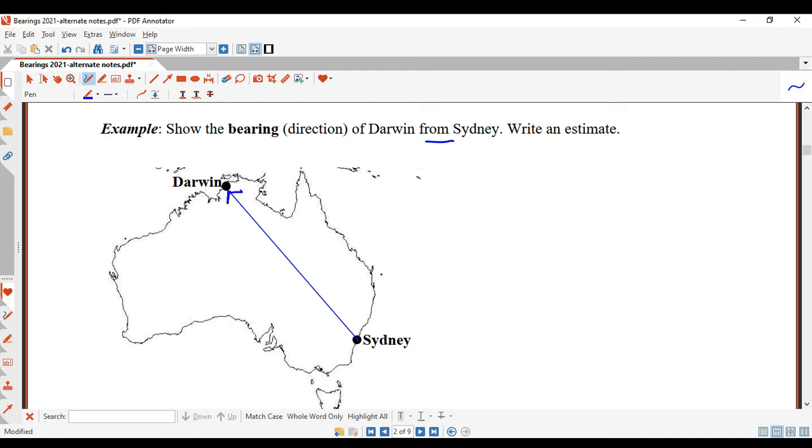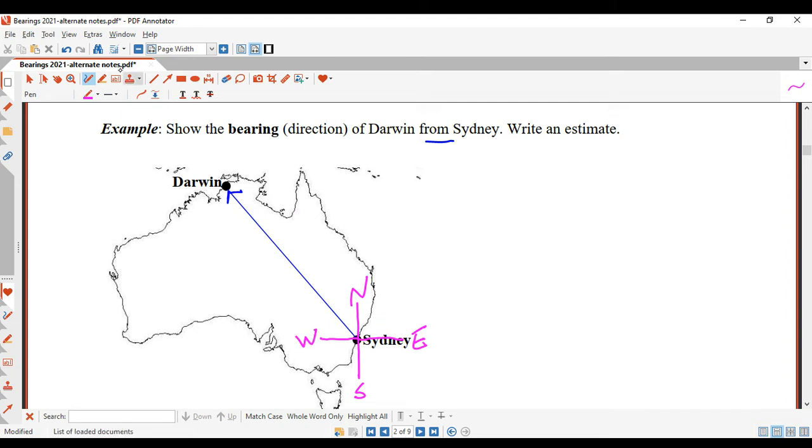So you have to draw a compass rose at Sydney because the direction is taken from Sydney. Mark north, south, east, and west.